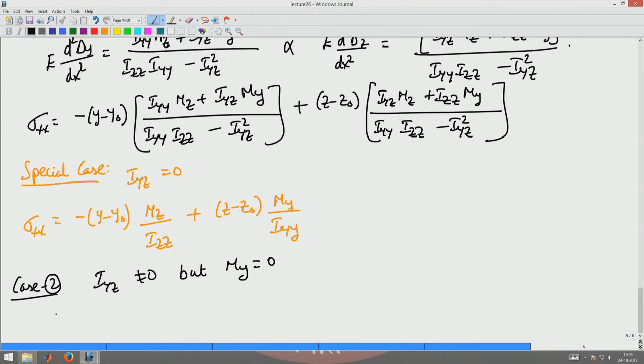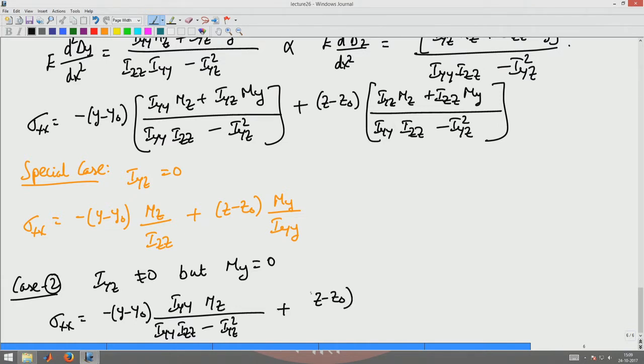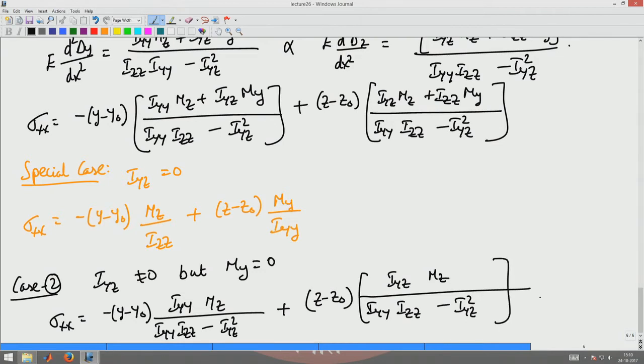Now, sigma xx would be minus (y minus y naught), M_y is 0, so I have I_yy divided by (I_yy I_zz minus I_yz squared) into M_z, plus (z minus z naught) into I_yz into M_z divided by (I_yy I_zz minus I_yz squared).